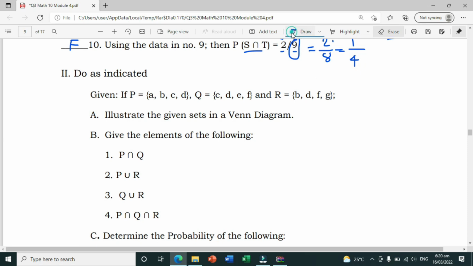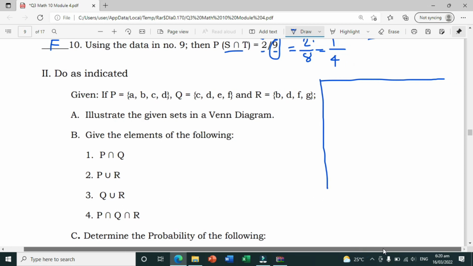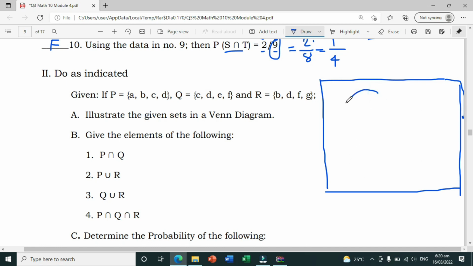So, take note na kung gagawa tayo ng Venn diagram, you always draw first yung rectangle. Assuming na rectangle to guys kasi I'm just using my mouse. So, rectangle siya to illustrate na this is a universal set. So, P, yan.